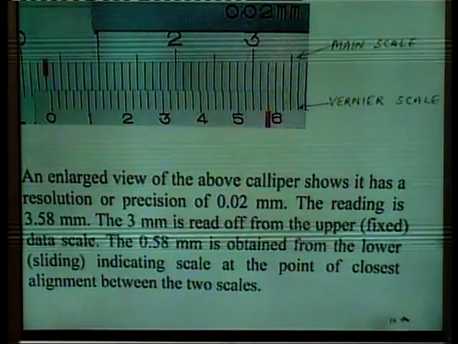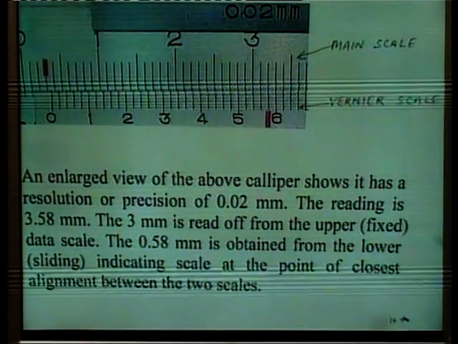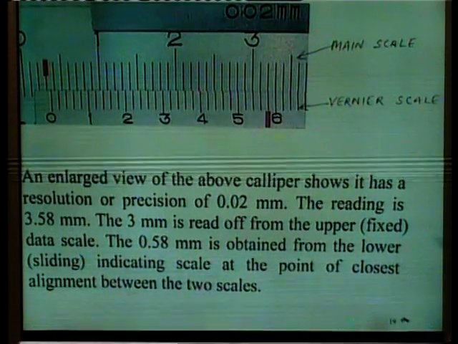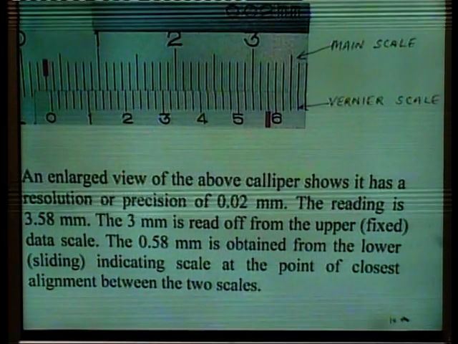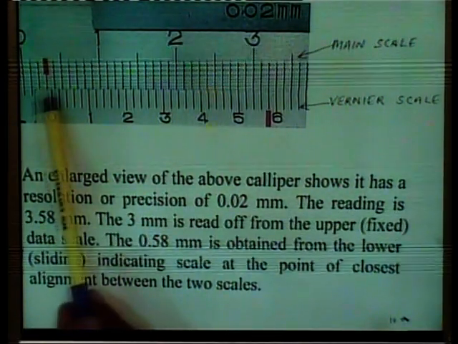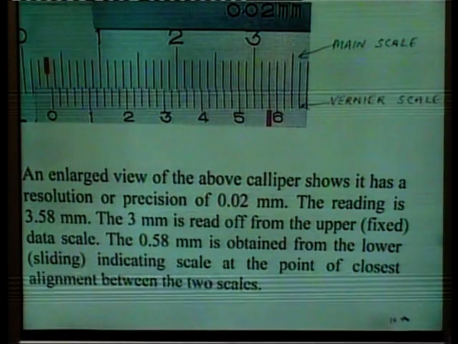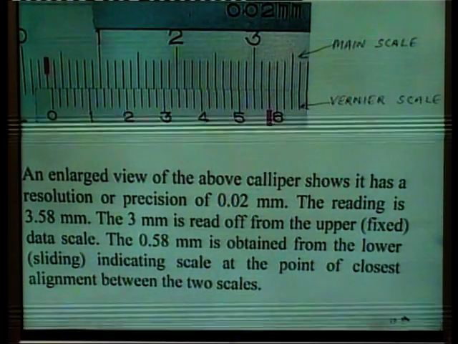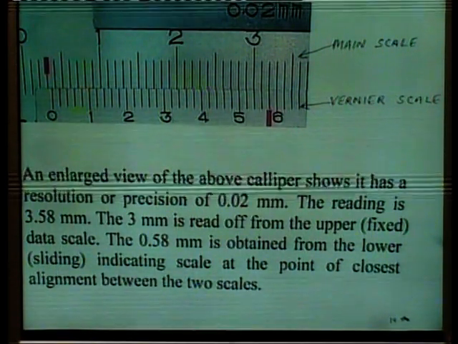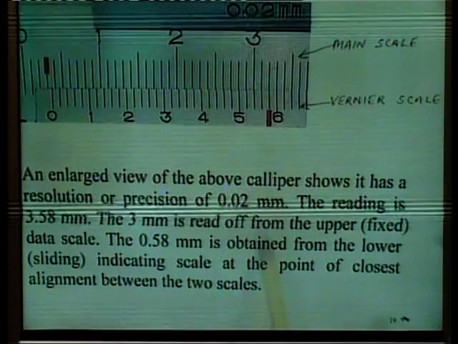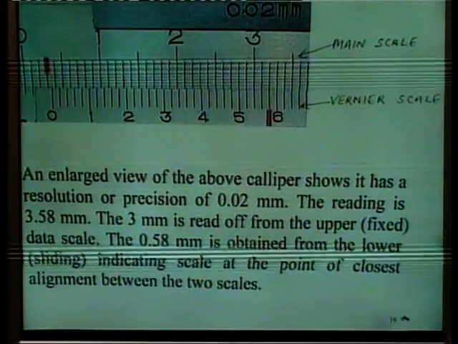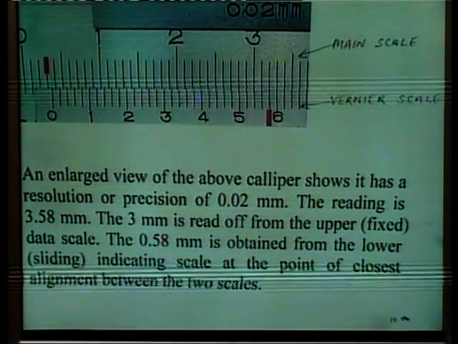The reading is 3.58 mm, as the 3 mm is read off from the upper fixed scale, just to the left of the 0 of the vernier scale. The 0.58 mm is obtained from the lower sliding scale at the point of closest alignment between the two scales. So, the total reading comes out to be 3.58 mm.